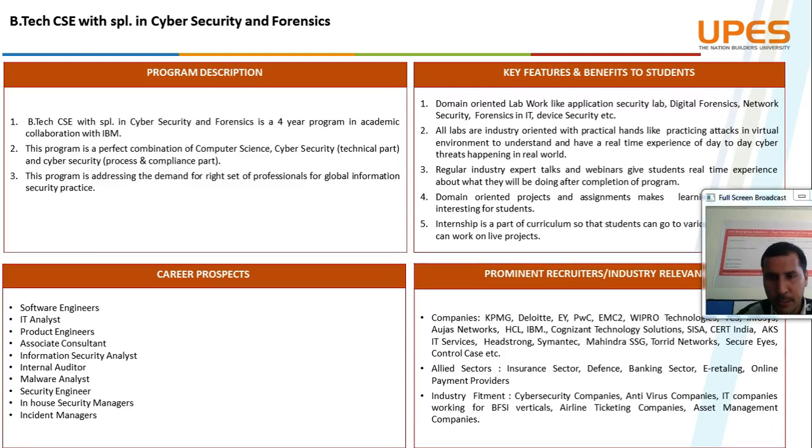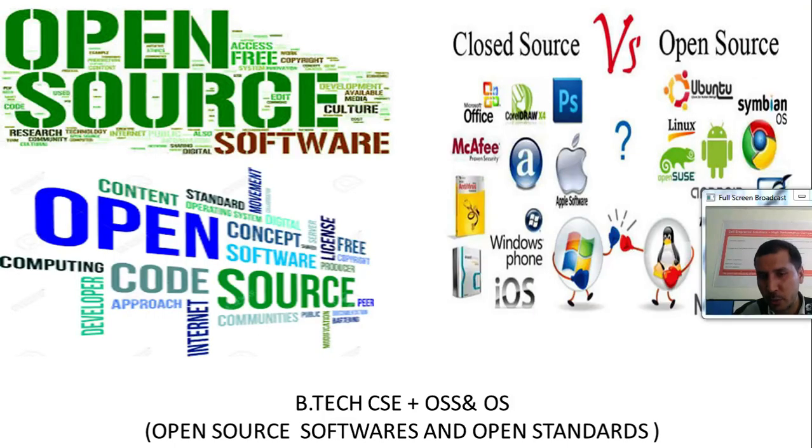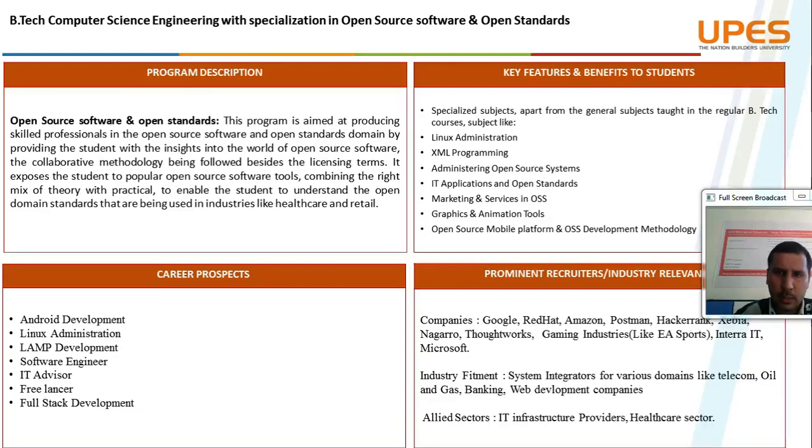Now, B Tech CSE, open source and open standard. To give you a brief idea about what open source and open standard is, I'll say it's a mother branch of all the branches, you can say, right?